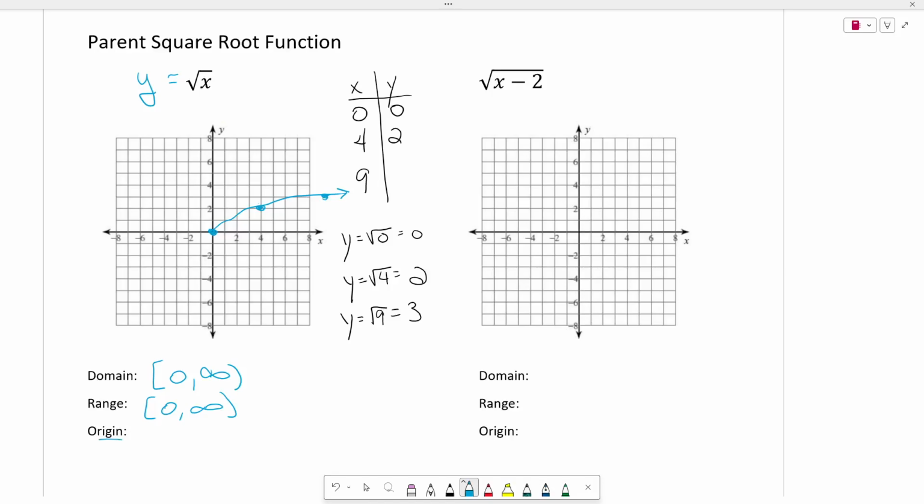And now here it says origin. What they're talking about here is, what is the starting point? Where does our graph start? Well, this one starts at the origin actually, so it starts at (0, 0). That's the point where our graph begins.